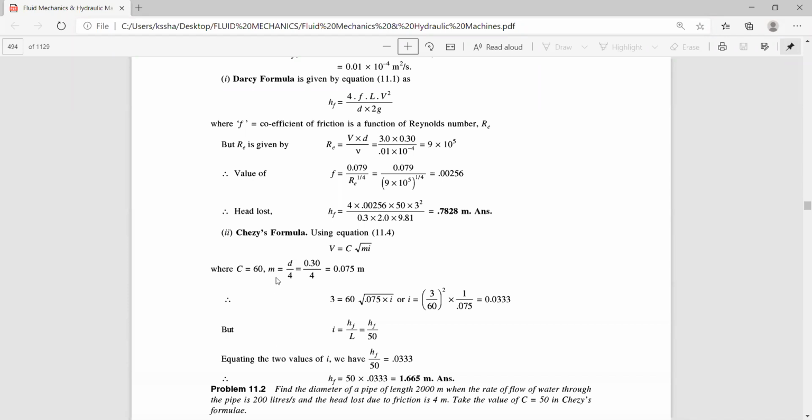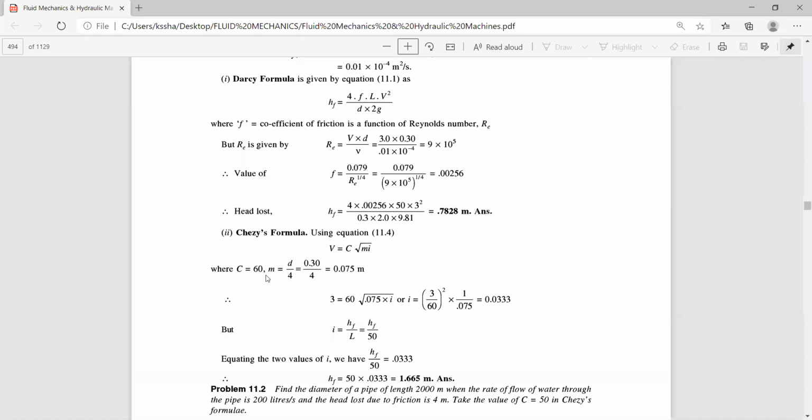This is the loss of head due to friction only. This is also loss of head due to friction. But if you calculate it from Darcy's formula, it is different. And if you calculate it from Chezy's formula, it is different. Why? Because Chezy's formula is entirely based on Chezy's constant. So surely it will have some other value.